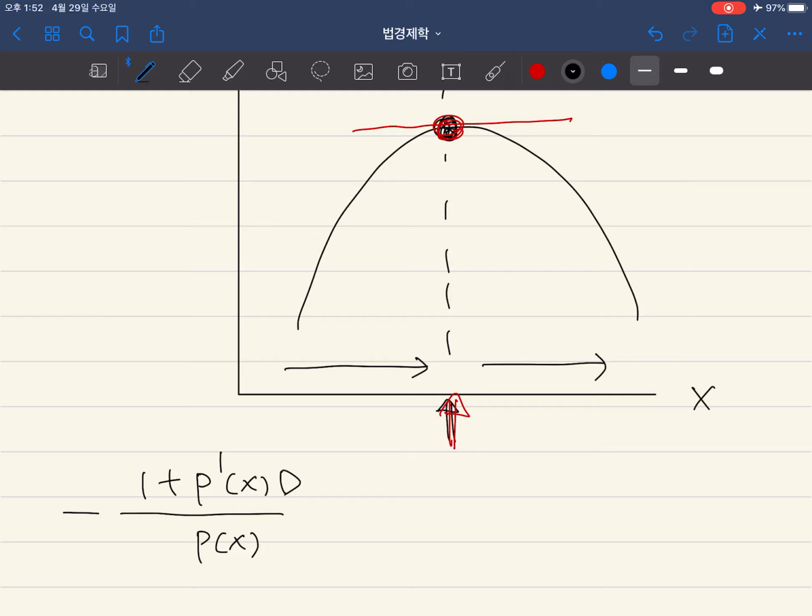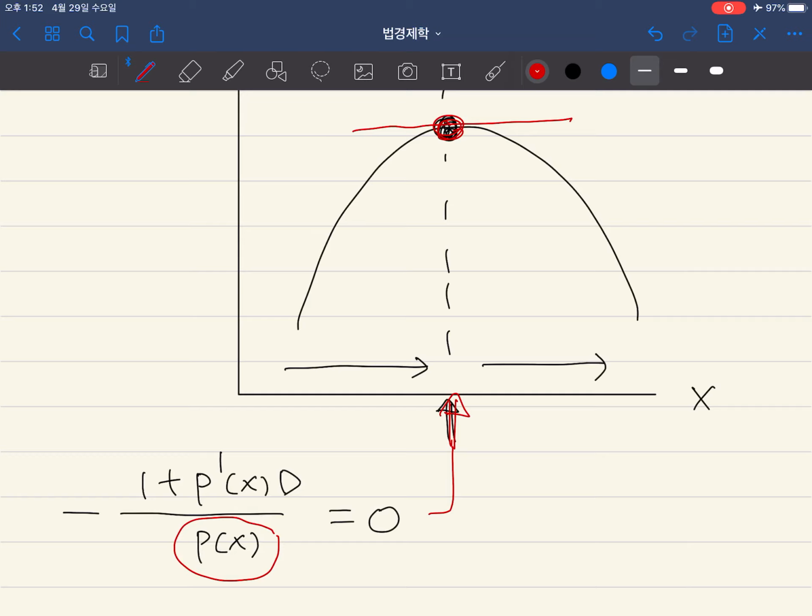At this red point, the slope is equal to 0, so this expression must be equal to 0. Then look at the denominator. It is a probability, so it's not equal to 0.